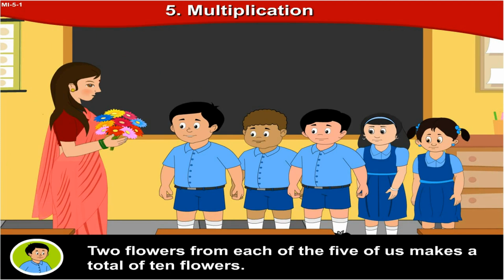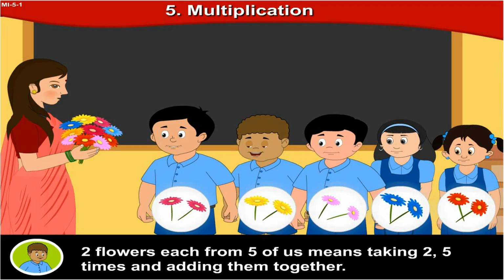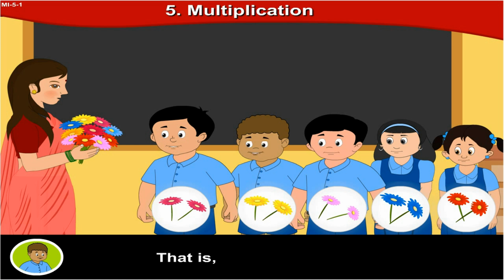2 flowers from each of the 5 of us makes a total of 10 flowers. 2 flowers each from 5 of us means taking 2 5 times and adding them together, that is 2 plus 2 plus 2 plus 2 plus 2, that is equal to 10.